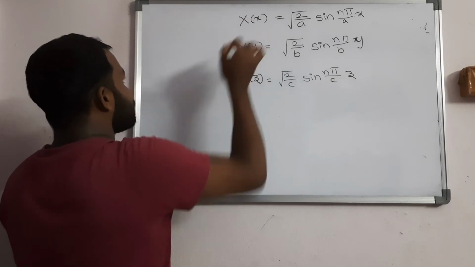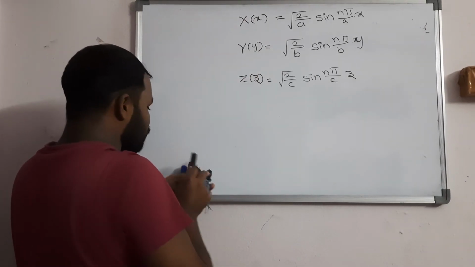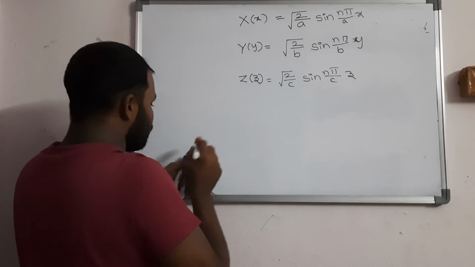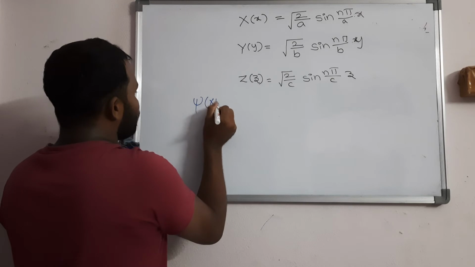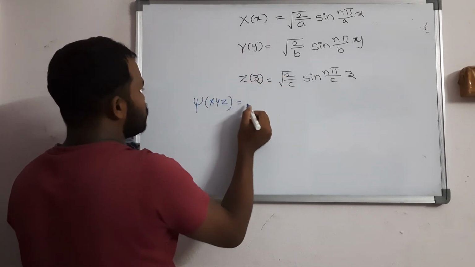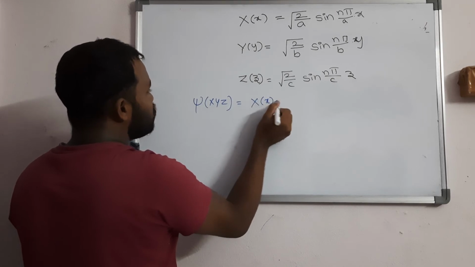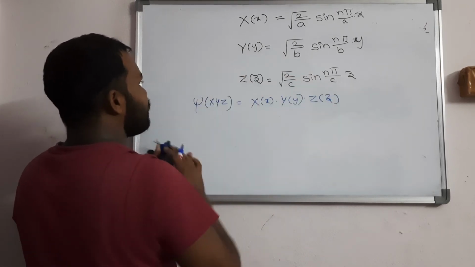Now you should substitute all the values. What is the total wave function? Directly I am writing ψ of xyz is equal to X of x into Y of y into Z of z. Now you should substitute all the values in this.